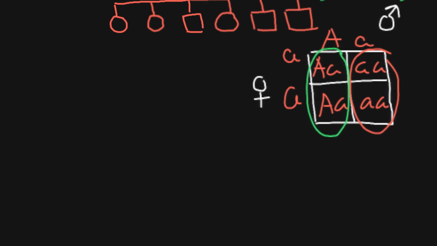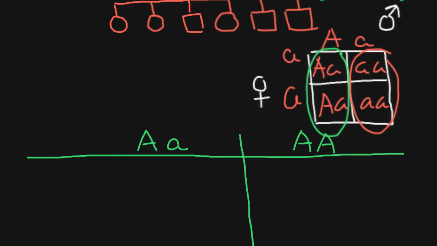So our prior knowledge gives us probability that male is whether heterozygous or whether male is homozygous dominant. So only these two variants, and this is going to be our prior knowledge.